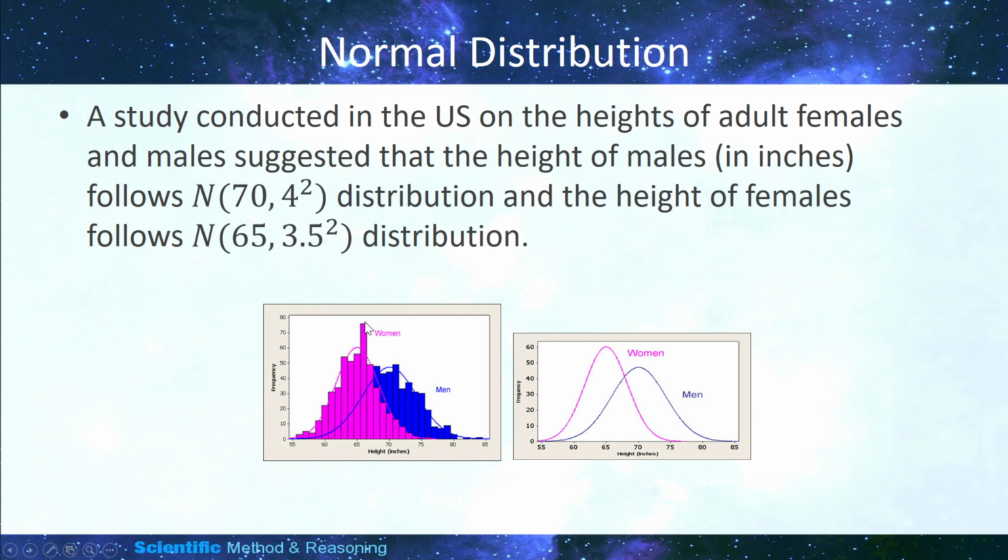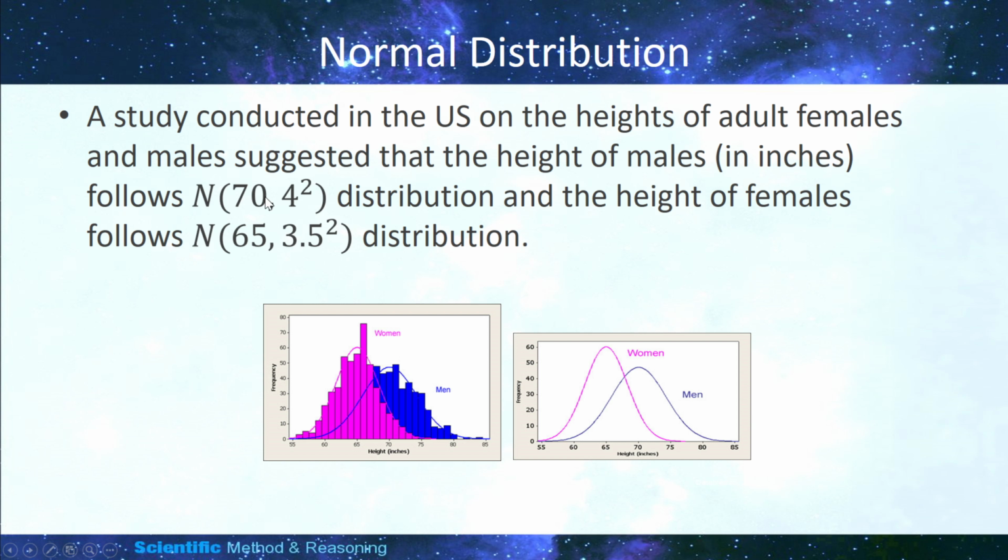Okay, now here is the histogram of the height of the females, and the blue one is the histogram of the height of the males. If someone asks you to compare the two distributions, it would be easier if we have some quantitative measures. For example, we can compare the mean, whether in general males are taller than females.